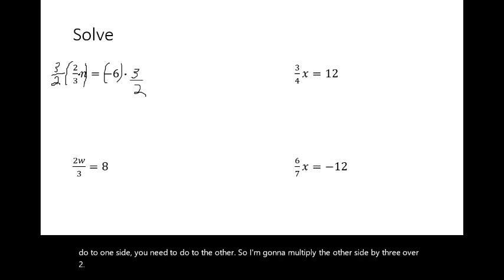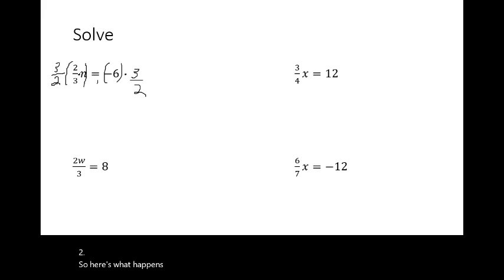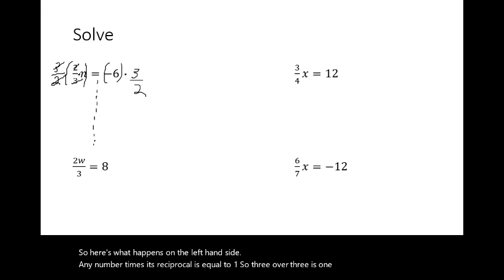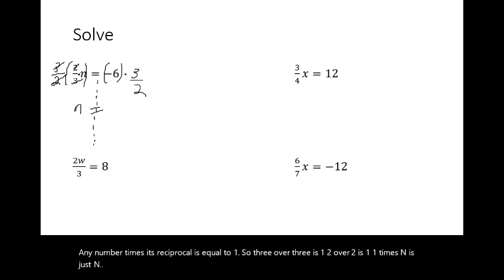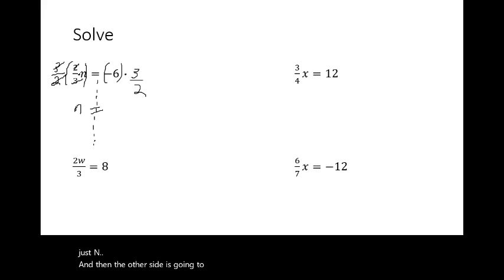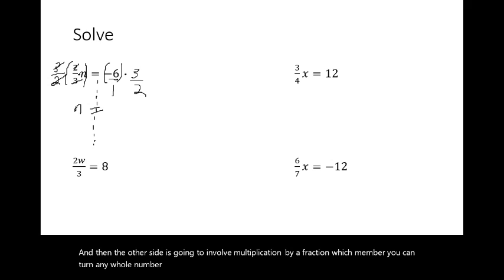So here's what happens. On the left-hand side, any number times its reciprocal is equal to 1. So 3 over 3 is 1, 2 over 2 is 1, 1 times n is just n. And then the other side is going to involve multiplication by a fraction, which, remember, you can turn any whole number into a fraction by putting it over 1.